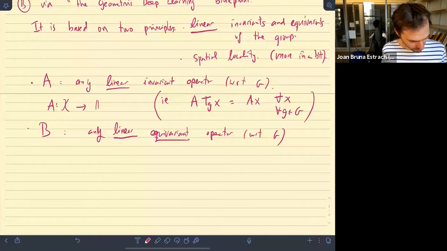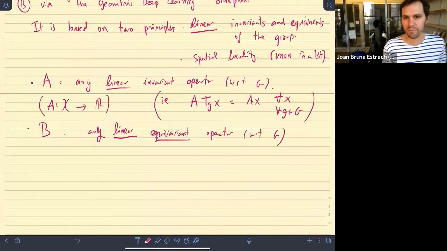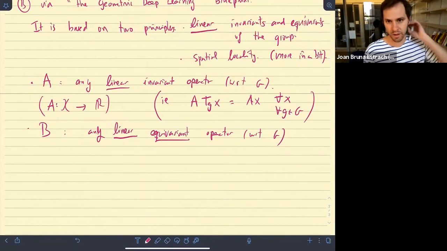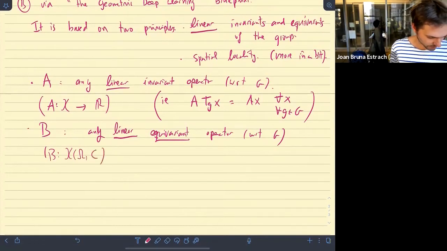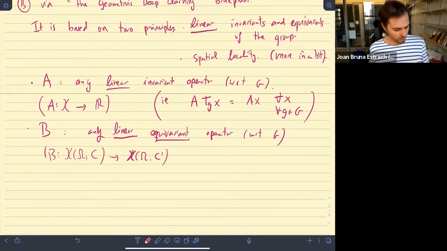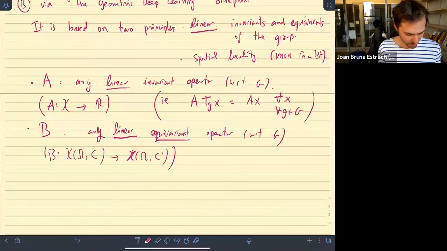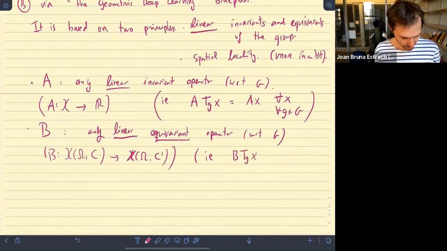To think of it in terms of something concrete, A is a scalar function defined over the input domain, and B can go from X of omega with certain channels C to X of omega with maybe C prime. In other words, B is an operator that maps signals to signals. And equivariant means that it commutes with the group: B of dg of x equals dg of B of x.